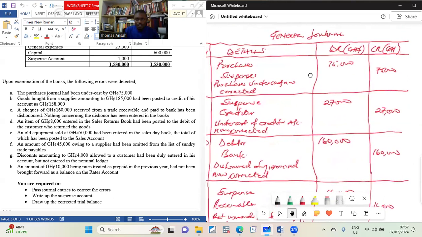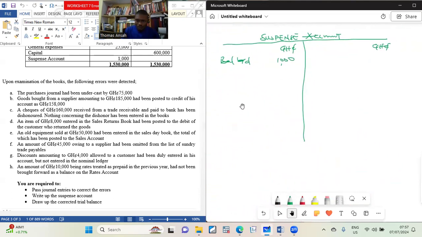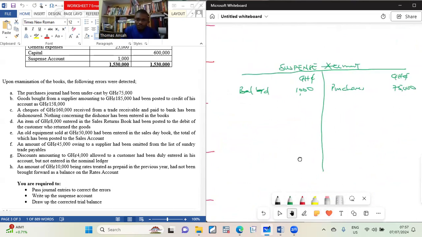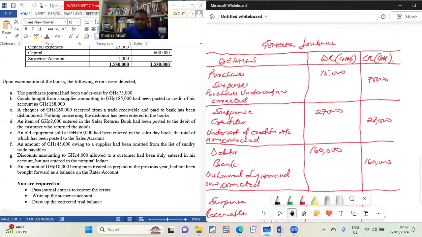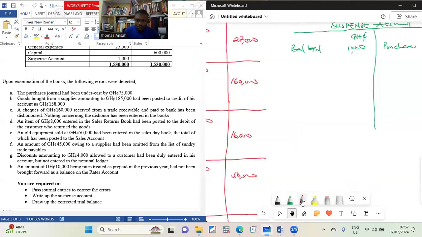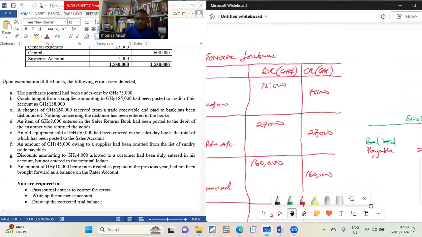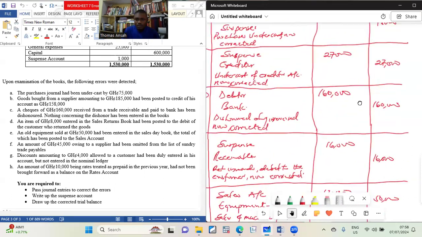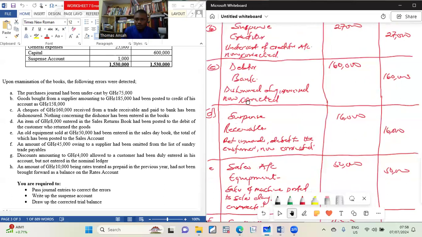We have the first suspense at the credit for purchases, 75,000. Second, suspense at the debit, creditor 27,000, for payables or creditor. Then suspense at the debit, receivable 16,000.